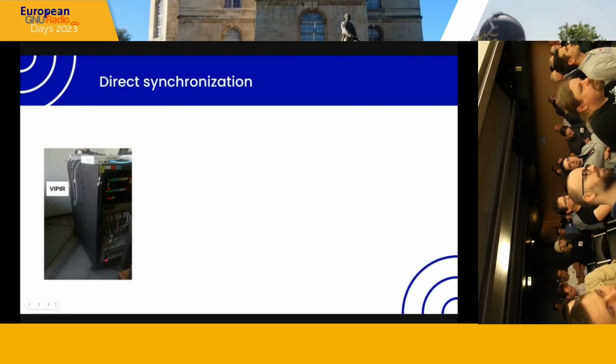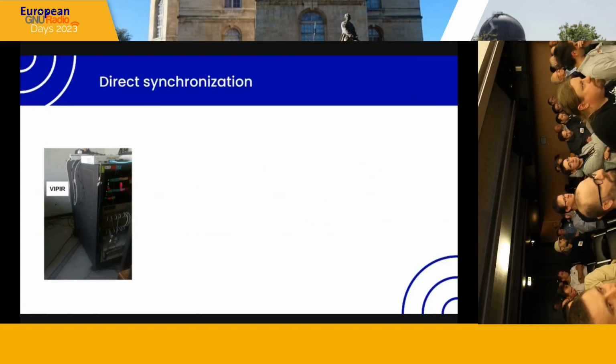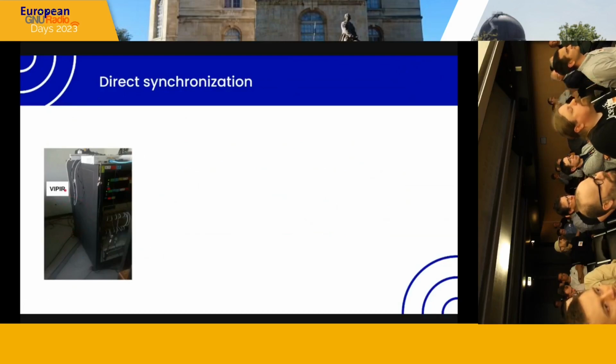We see the transmission stage, the channels, the front end from the receiver. We see the computer acquisitions. Also, VIPIR uses a logarithmic antenna for transmission and dipoles for reception.